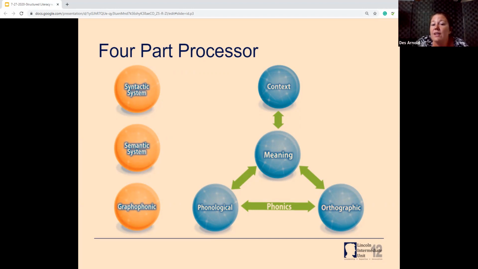It's important to note that the 3 cueing system does not appreciate the importance of phonology as a foundational skill, and also that the act of word recognition occurs across multiple processing systems, that there's not one place for reading.